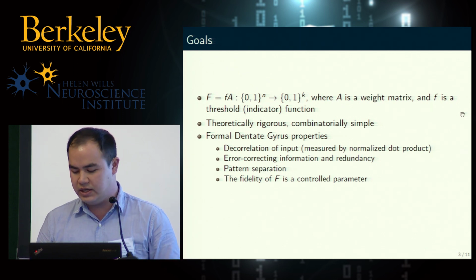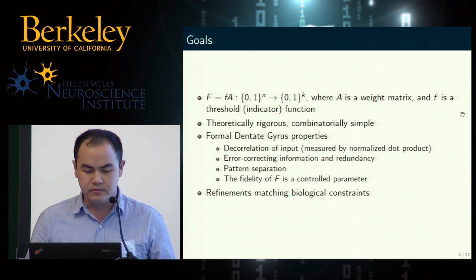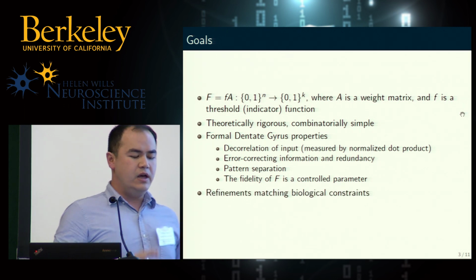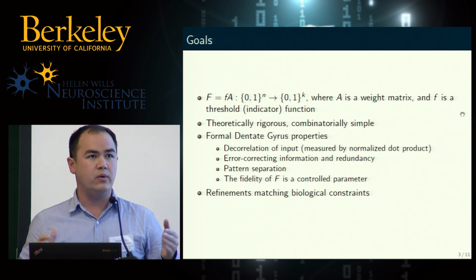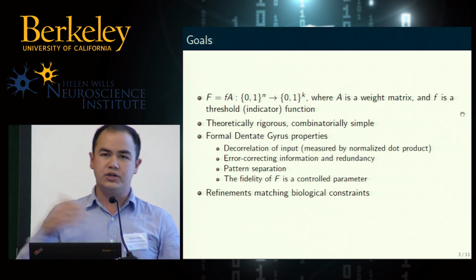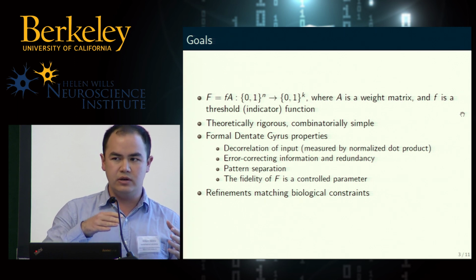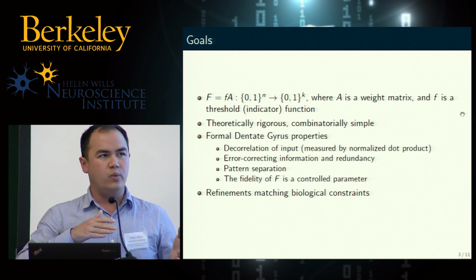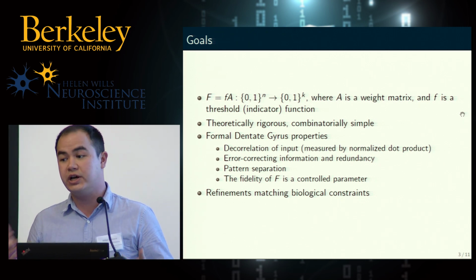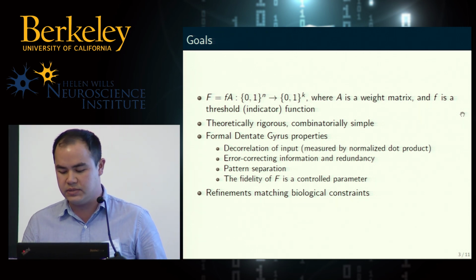We want to be able to adjust it as we go, okay? And then once we have sort of a standard basis to start working with, we're going to add biological constraints, and it's the neural inspired part of it that will let the biology inform how we generalize our model to more sophisticated systems.